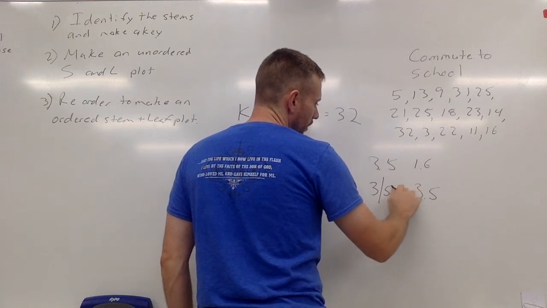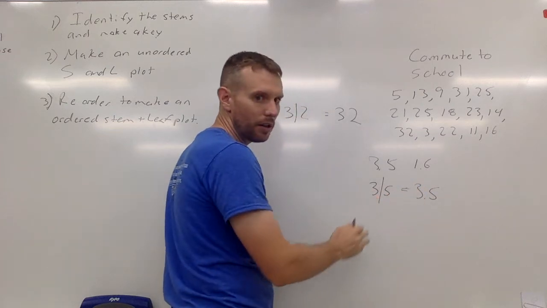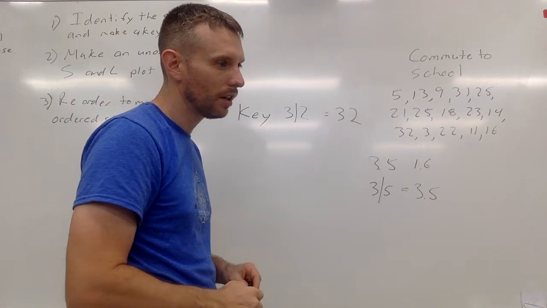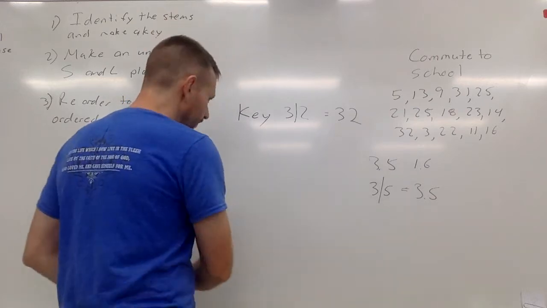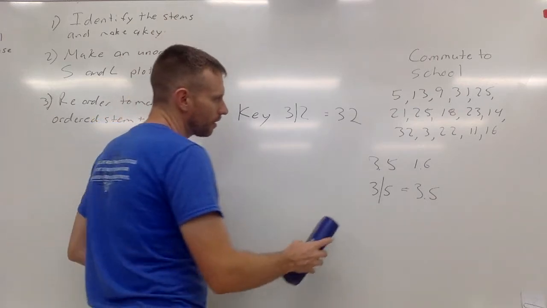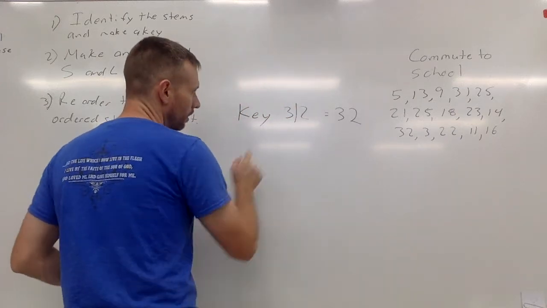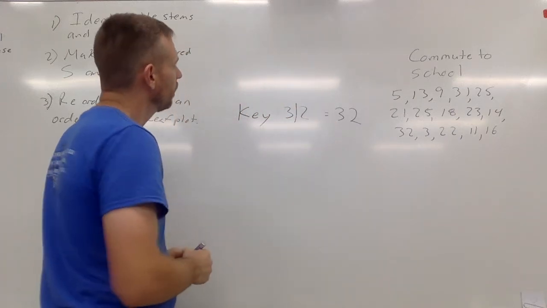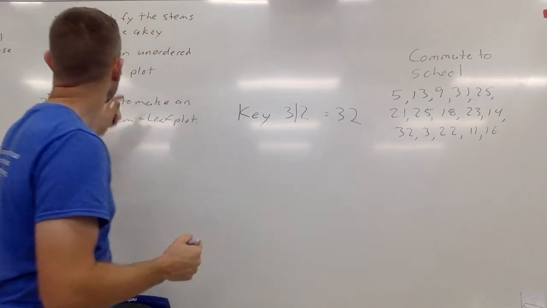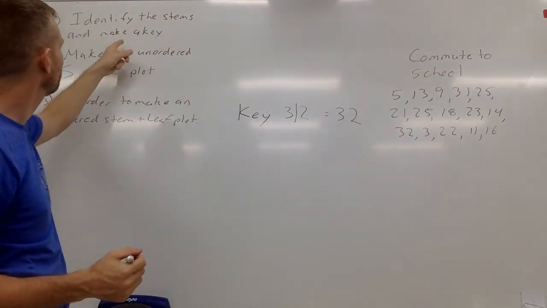You can see how the stem then is the ones place and the 5 is the tenths place. And then you can do it for hundreds and those kinds of things. So I'm going to say my key is using the tens place and the ones place. I identified my stems and I made a key.